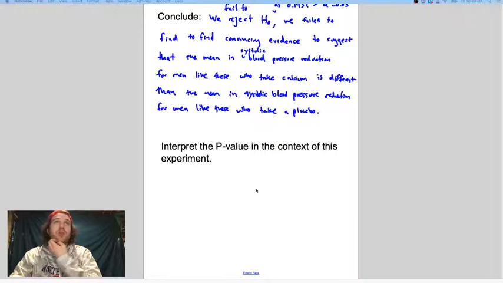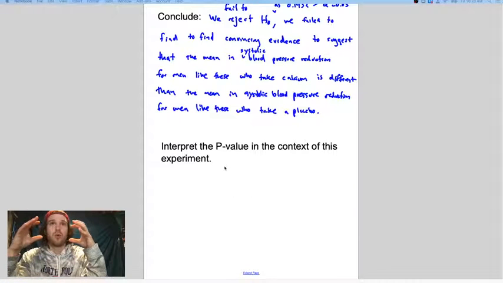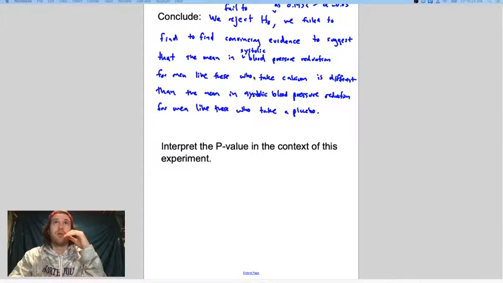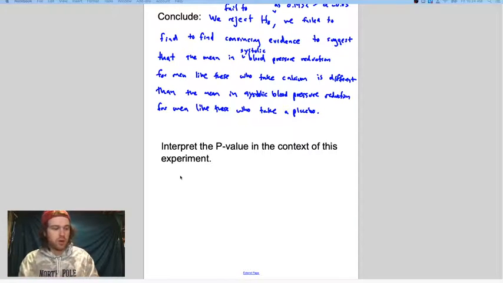The p-value of 0.1432 basically means assuming that H naught is true, right? Remember the p-value for Dylan was assuming he was an 80% shooter, what was the likelihood we got the results that we did, based on our simulation.